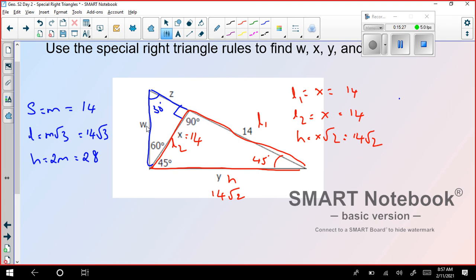This is your hypotenuse and this is your longest leg. I'll have w equals 28 and the longest leg z equals 14 root 3. Okay, in case you are noting down, I will give you 30 seconds, then we will move on to the next slide.